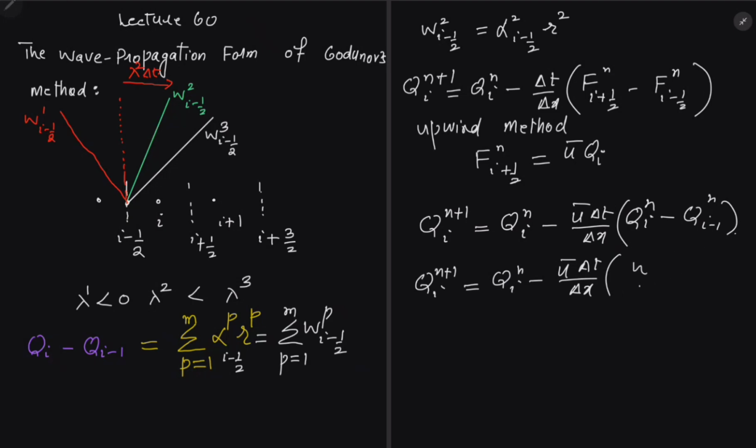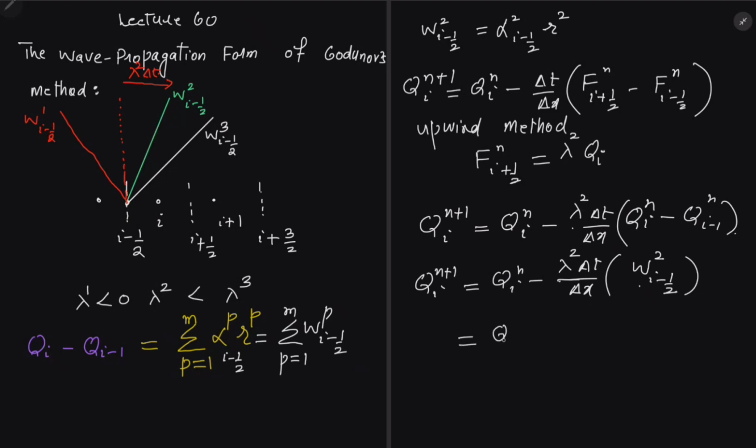Suppose I talk about only wave 2, W2 at I minus 1 by 2. And remember that if you are talking about 3 waves, then it should be the speed of wave number 2, and this becomes the speed of wave number 2.